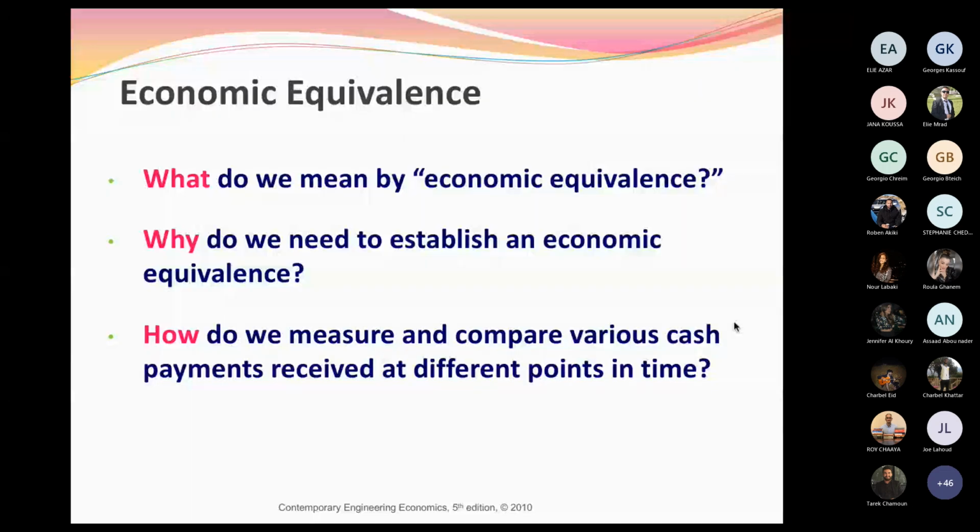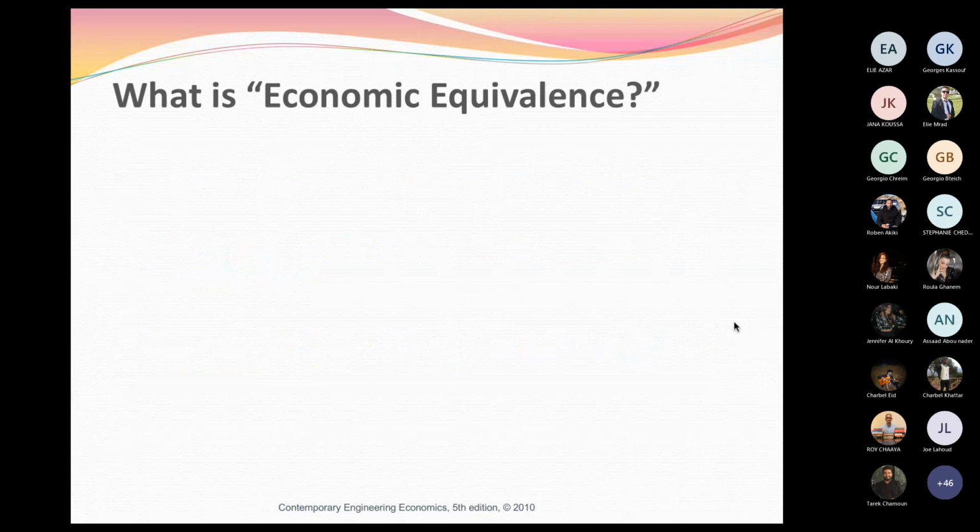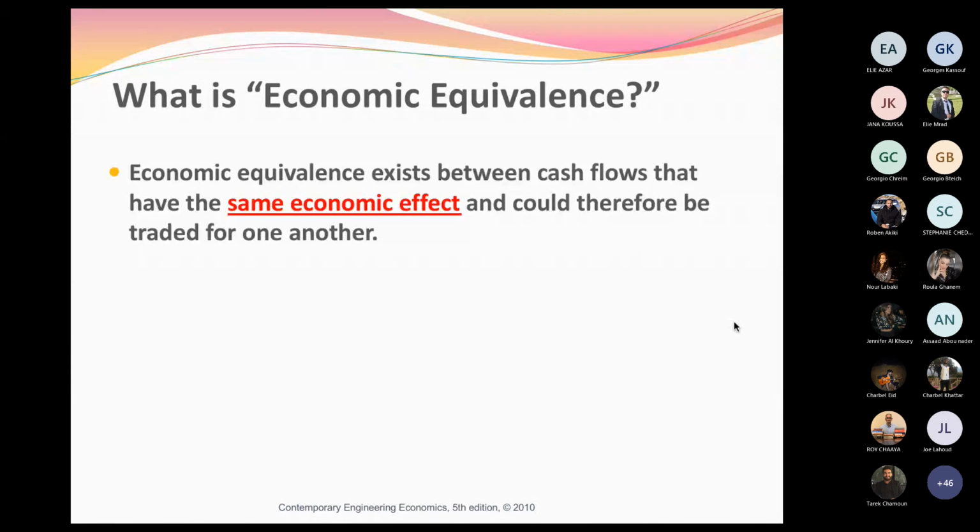So what do we mean by economic equivalence? We will answer this. What do we need to establish an economic equivalence? And how do we measure and compare different cash flows received at different points in time? So what is economic equivalence?